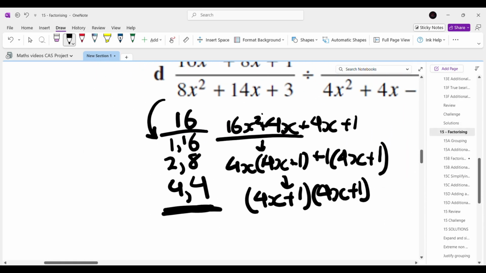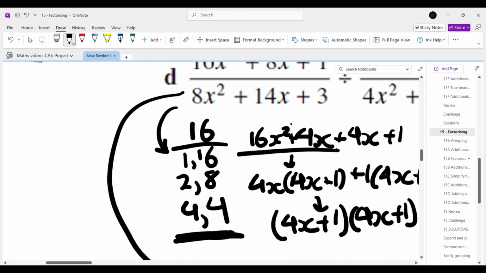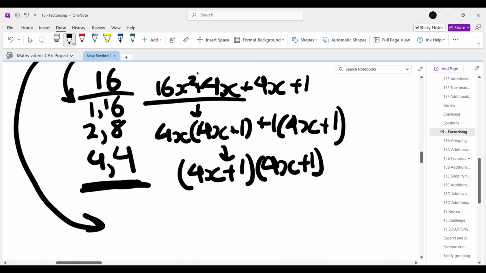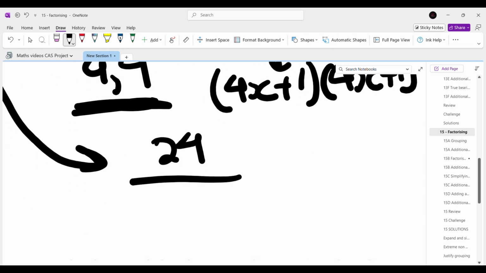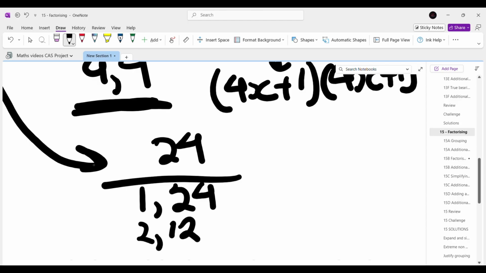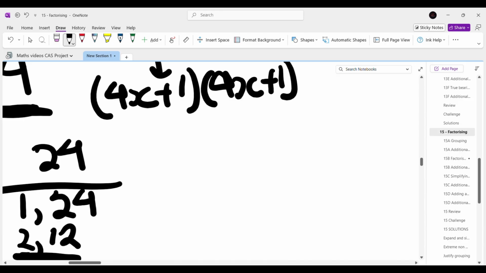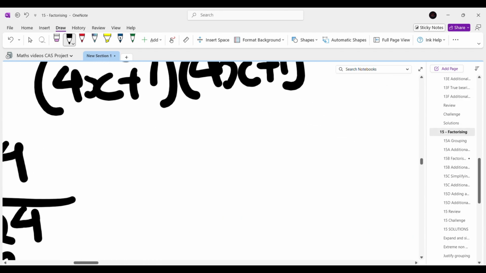Now let's look at this bottom one right here. We'll put it on the bottom for now. We're looking for 8 times 3, which is 24, so we're looking for factors of 24 that add to get 14. For 24 we've got 1 and 24, 2 and 12, and look, 2 and 12 add together to get 14. Now we'll expand.